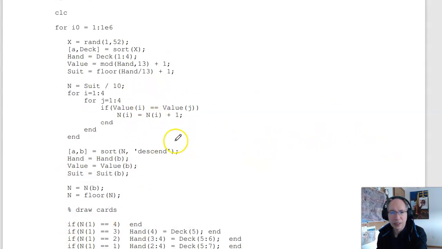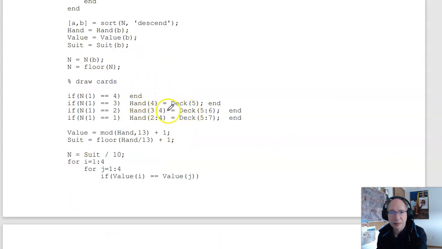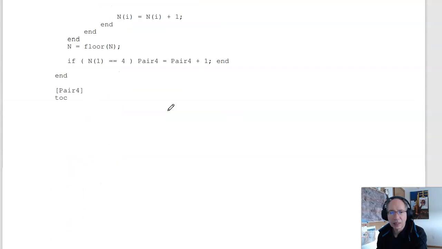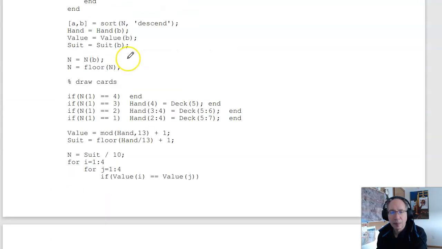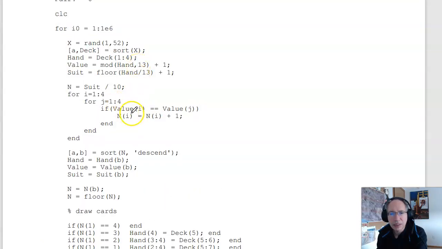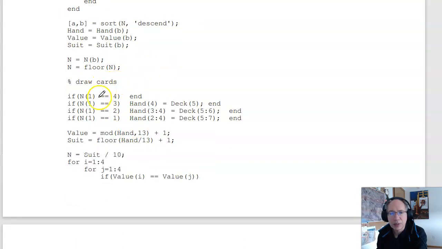So here I'm dealt out the hands. And then sort based upon the frequency. So this is the frequency of each card. Sort based upon frequency, and then check if the most frequent card, there's 4 of them, I'm done. Don't do anything.